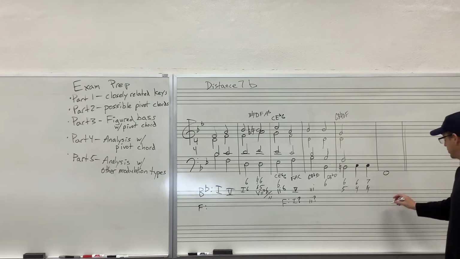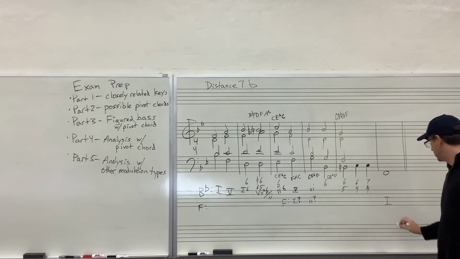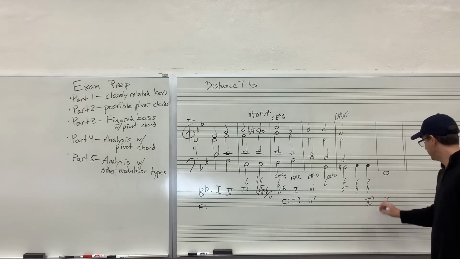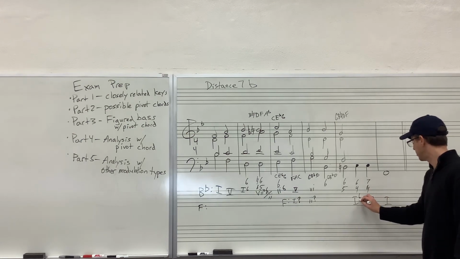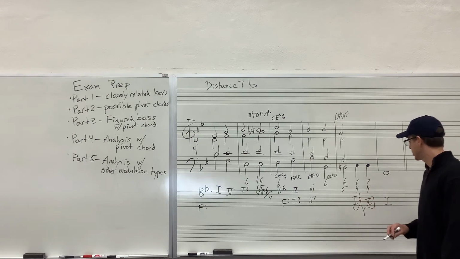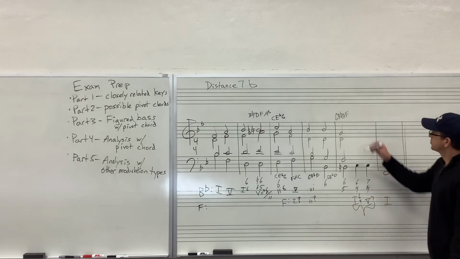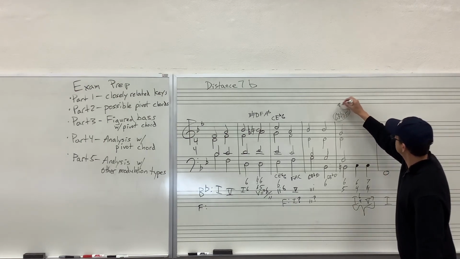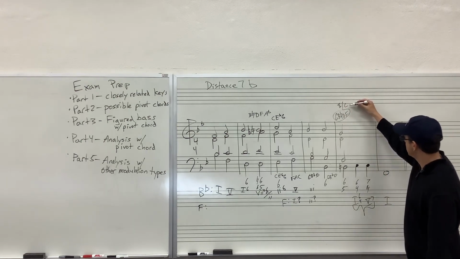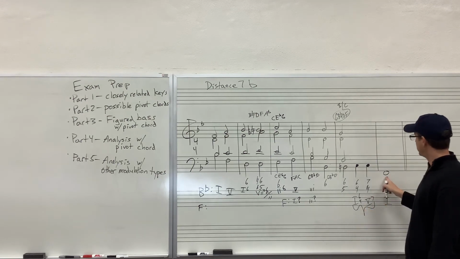We know that this is going to be 1. We know this is going to be 5, 7. We know this is going to be cadential 6, 4. This looks like the dominant of C, and C is the dominant of F.